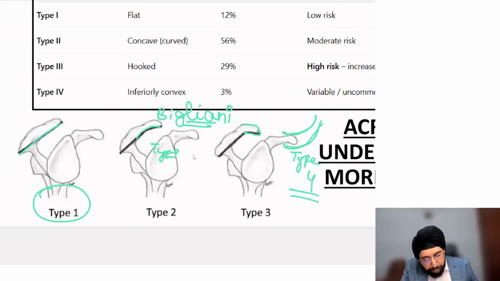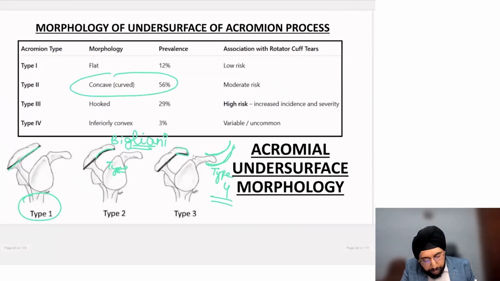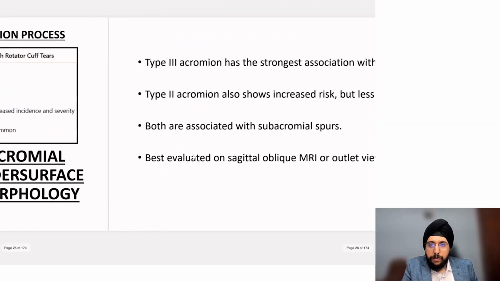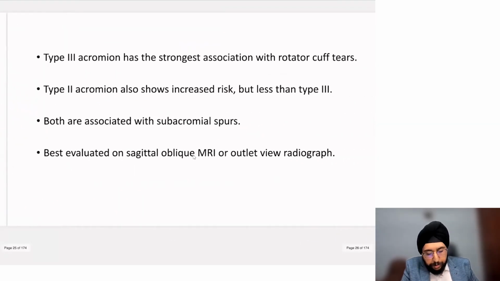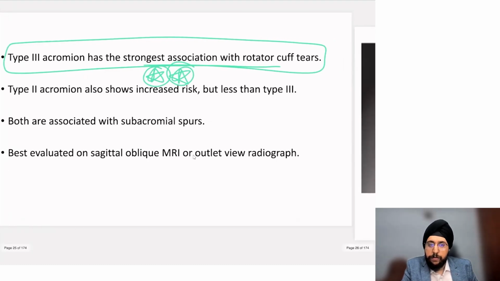Okay. So this is the prevalence. So you will see the type 2 is the most common here. And the highest amount of risk, very obvious, is associated with the type 3 because of its hook morphology. So very high risk of subacromial impingement. Okay. So type 3 has the strongest association with rotator cuff tears, and you have to write in the report that a note is made of type 3 acromion morphology based on Bigliani classification.